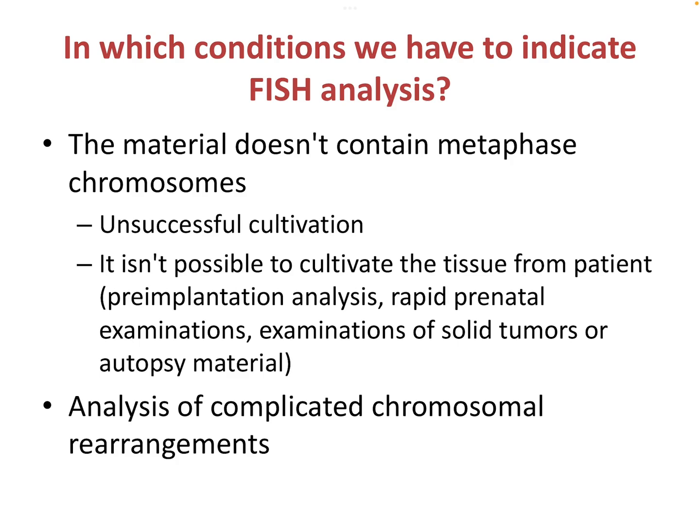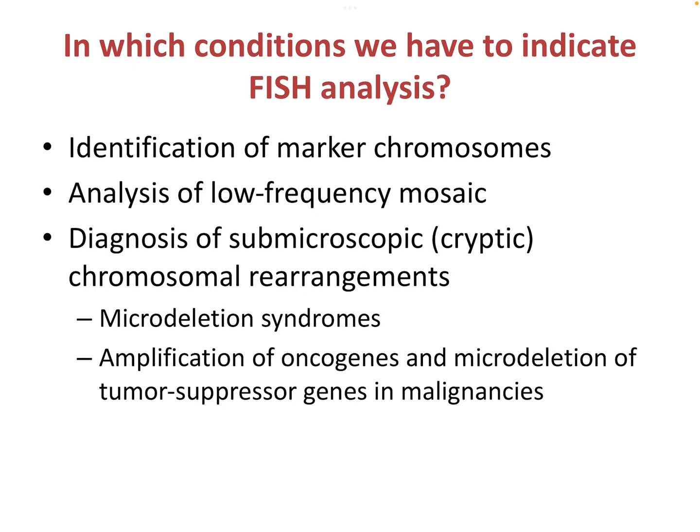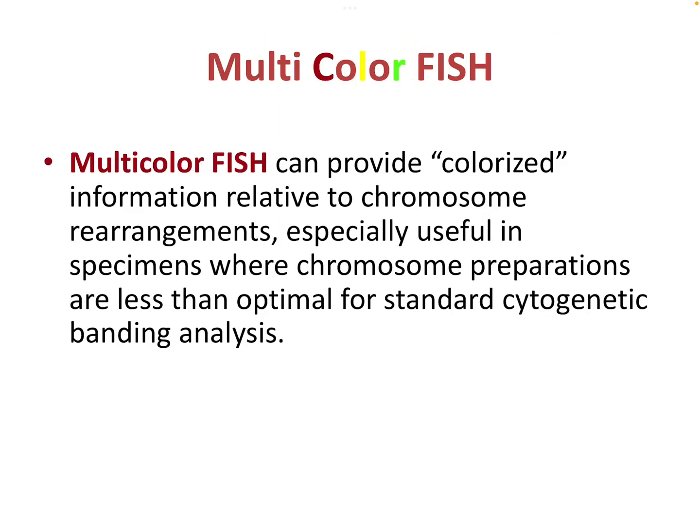And the analysis of complicated chromosomal rearrangements. We can also use FISH for identification of marker chromosomes, for analysis of low-frequency mosaicism, for diagnosis of submicroscopic or cryptic chromosomal rearrangements such as in microdeletion syndromes, or amplification of oncogenes and microdeletion of tumor suppressor genes in malignancies.